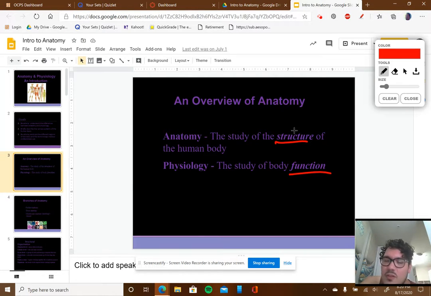So the example I love to give is, if I were to state the pancreas is a football-shaped structure found beneath the stomach, that would be an anatomy concept. Whereas if I were to mention the pancreas releases a hormone known as insulin that lowers blood sugar, that is physiology, because that's more function related.